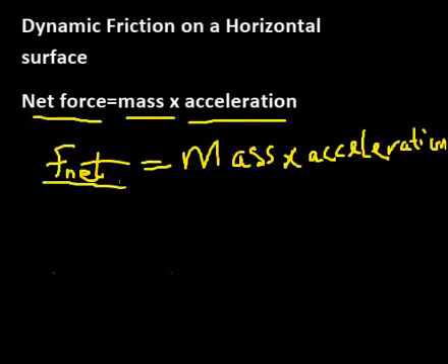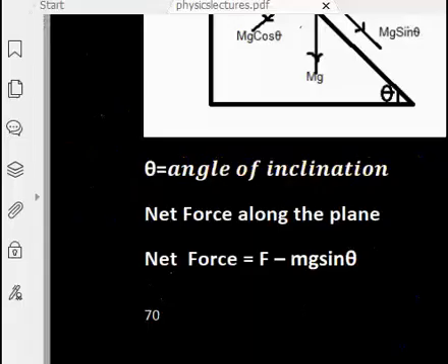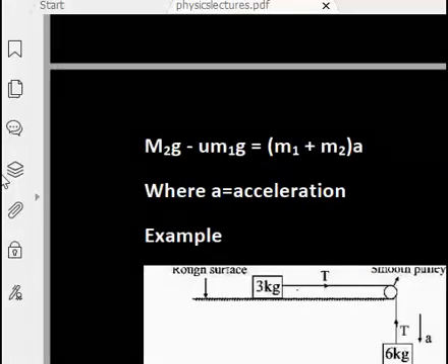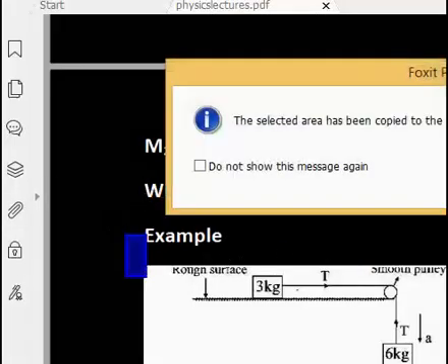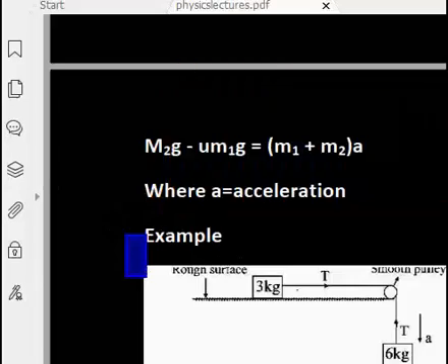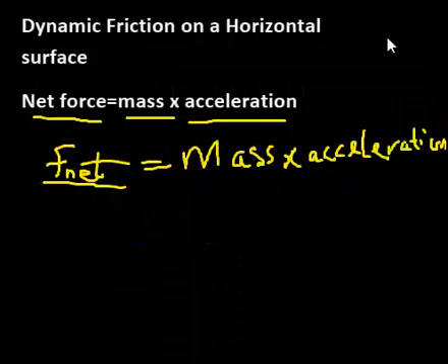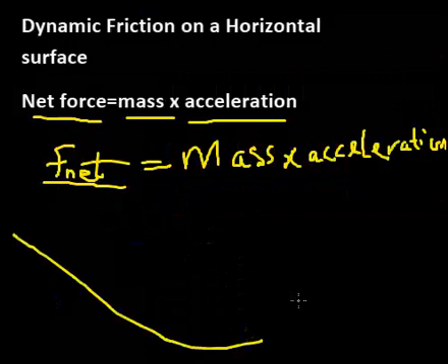So we're going to consider it both in horizontal and in inclined plane. Let's start with the horizontal. All right, I will show you how it works in a horizontal.